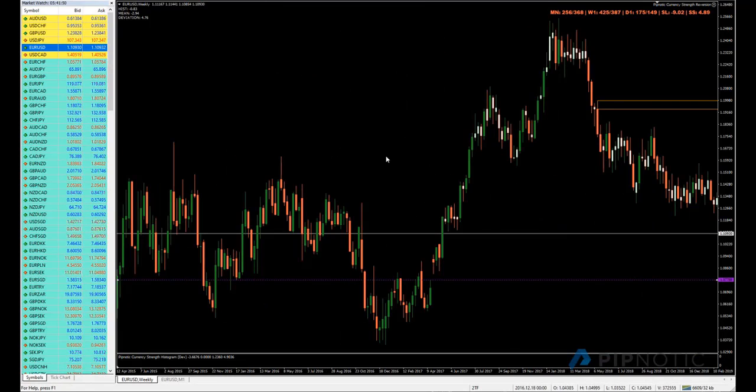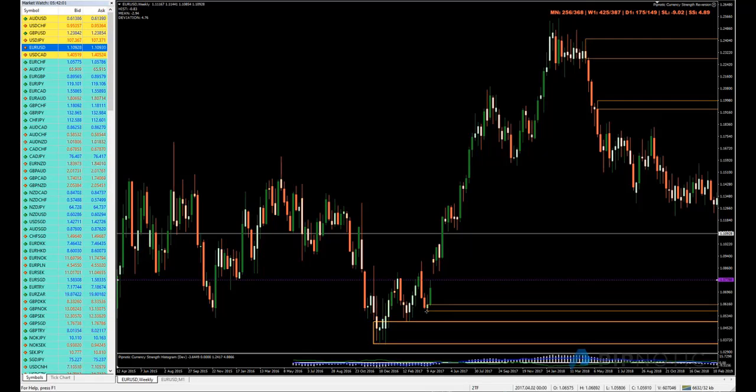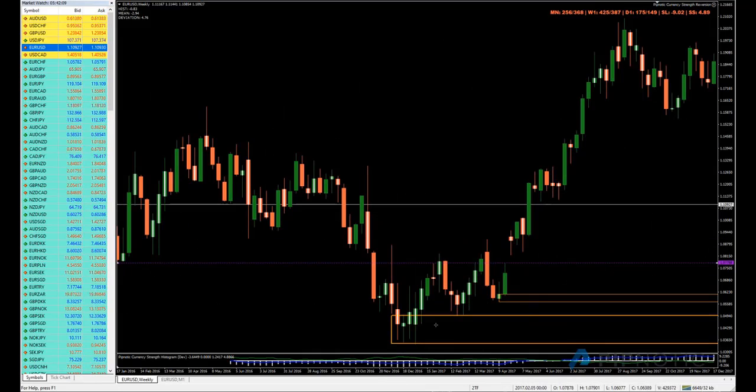And if you look here, you can see we have something similar going on as we had earlier, where we had a slingshot pulled back to here. We have another slingshot that was pulled back to here. Let's have a look at this one. This candle here moved outside the body of this candle.